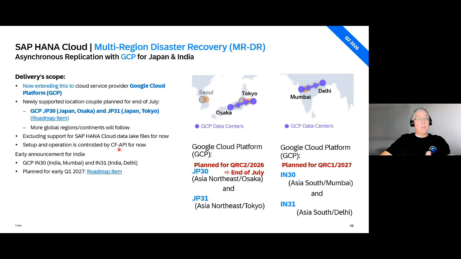And to give an early view of what we are planning for the rest of the year, one of many is India. India is also a very important market for us, and here we have already today this data center in Mumbai, EN30, and end of this year, beginning of next year, we plan to have also a second one in Delhi, so that we at the end can offer long distance replication in between.